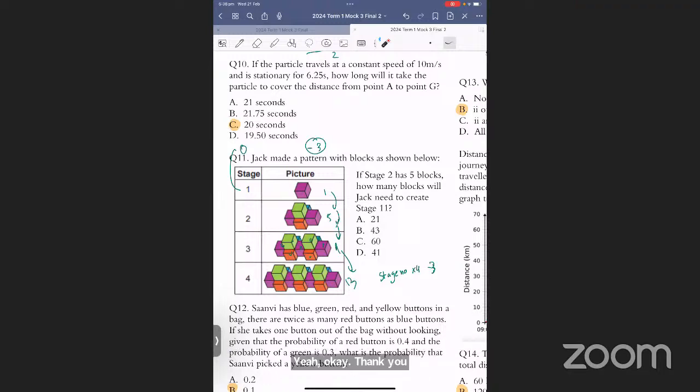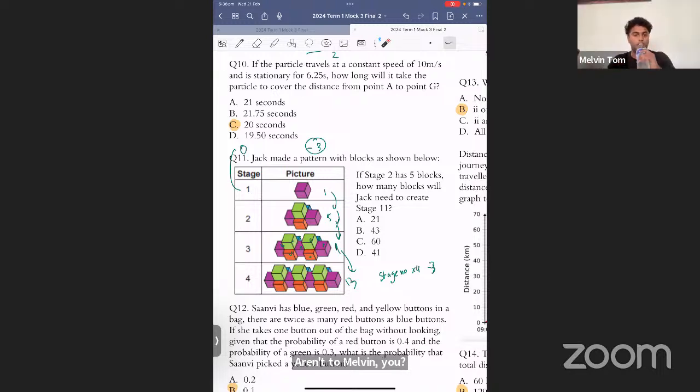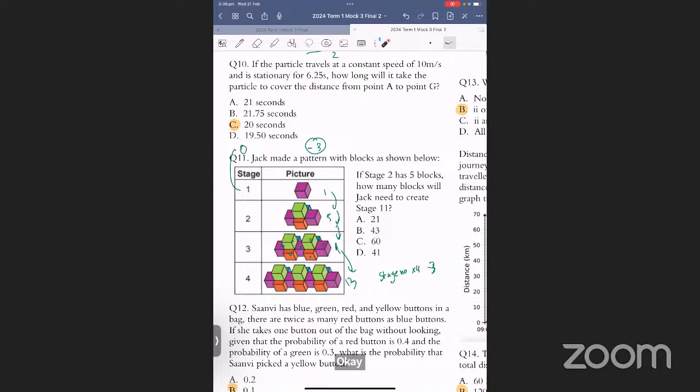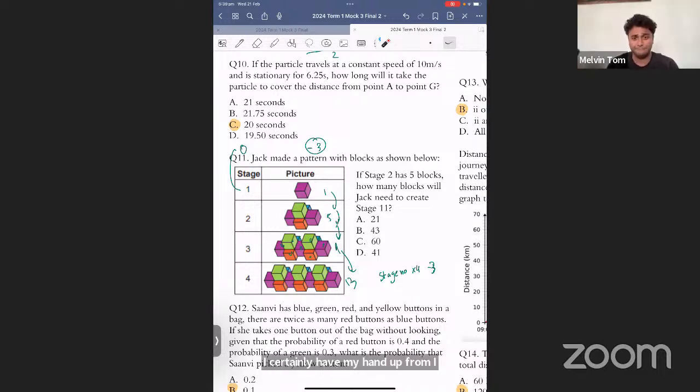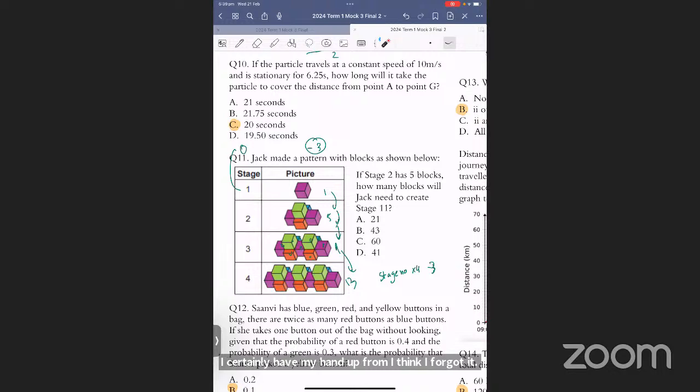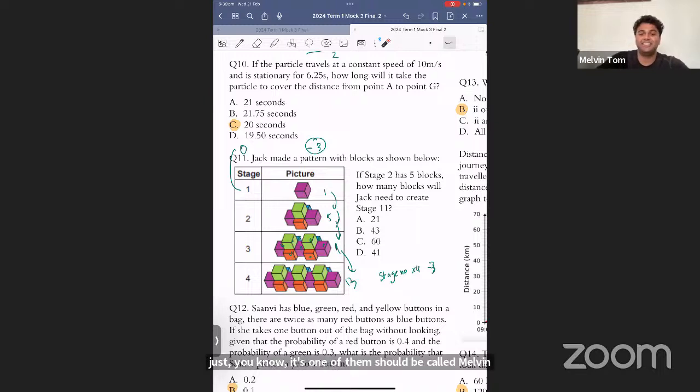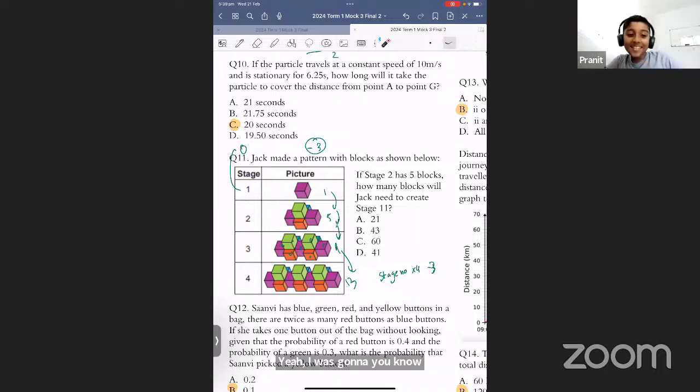Aren't two Melvins here? Because his name is Melvin. Why is it 2? All right, so Mustafa, you're Mustafa. I accidentally had my hand up from last time. I think I forgot it. All right, let's move on to the next question then. It says 2 Melvins. One of them should be called Melvin Prince and the other Melvin King. The teachers at Loyola actually have a joke about that.